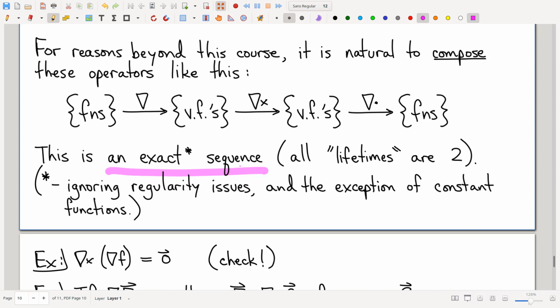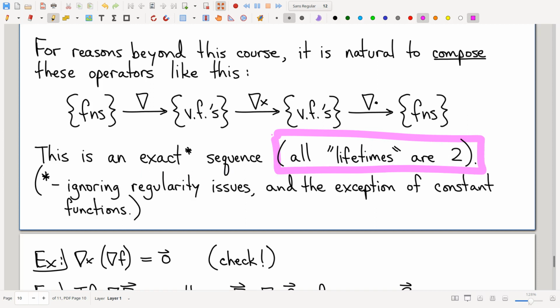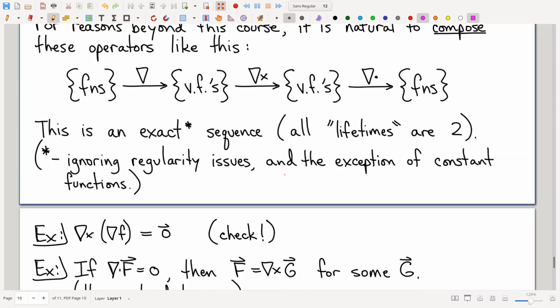That's terminology you don't really need to know. The punchline is everything has a lifetime of 2. There is an exception, a couple of exceptions, and I'll quickly wave my hands at those. And I don't want to get lost in the weeds on this either, right? But broad strokes, silly counterexamples acknowledged. Everything has a lifetime of 2. And so, for example, what do I mean by that?